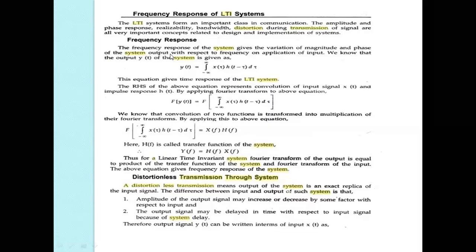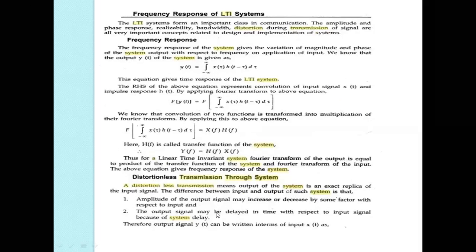Okay, my dear students. So, frequency response. Distortionless transmission through the system means the output of the system is an exact replica of the input signal. The difference between the input and output of such a system is that the amplitude of the output signal may increase or decrease by some factor with respect to the input.